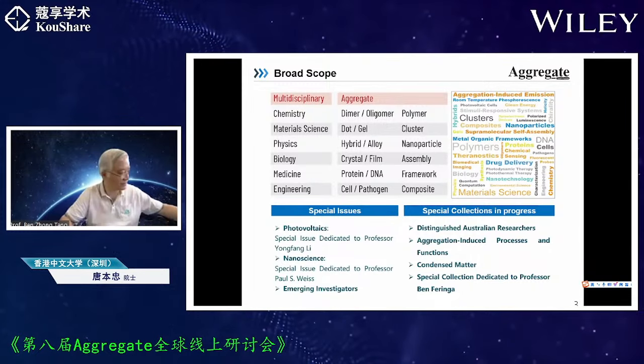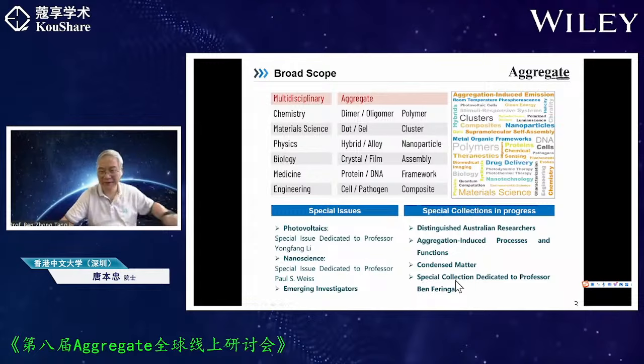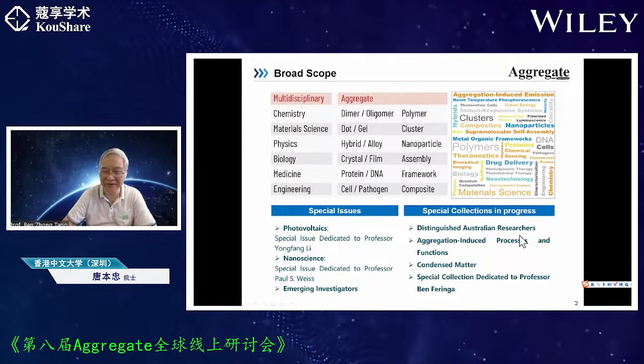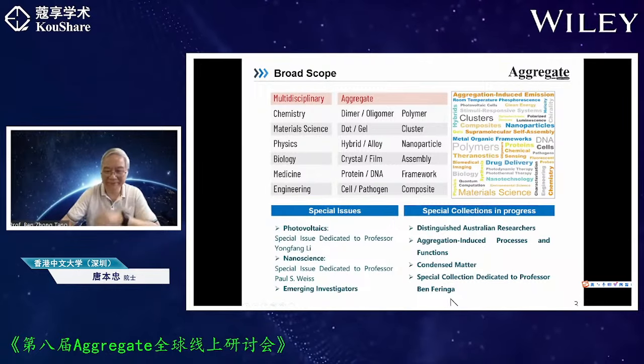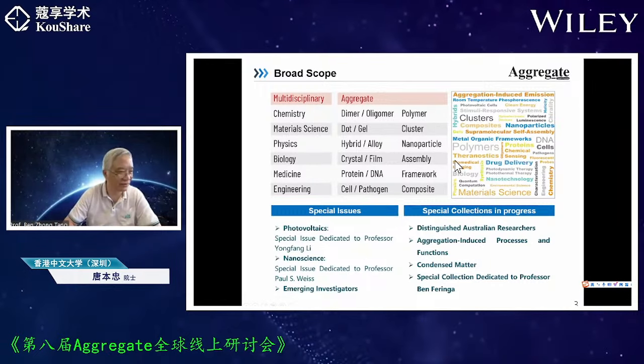Some special collections are in progress, including distinguished Australian researchers, aggregation processes and functions, condensed matter, and a special collection dedicated to Professor Ben Feringa, the Nobel laureate for molecular machines.